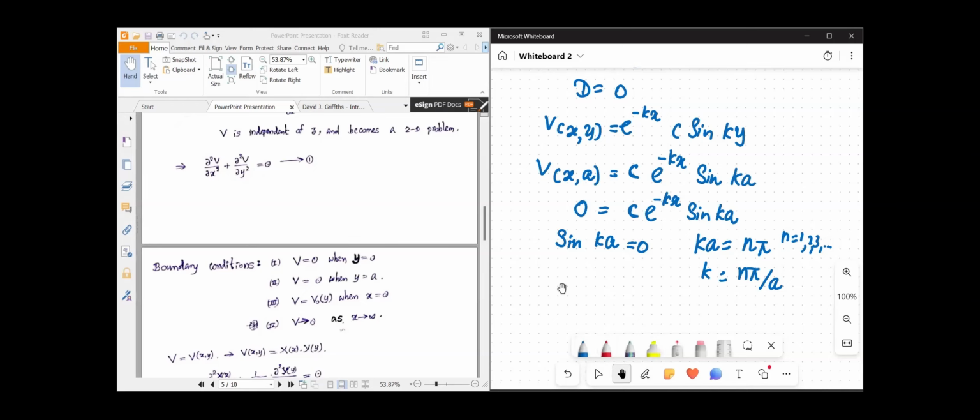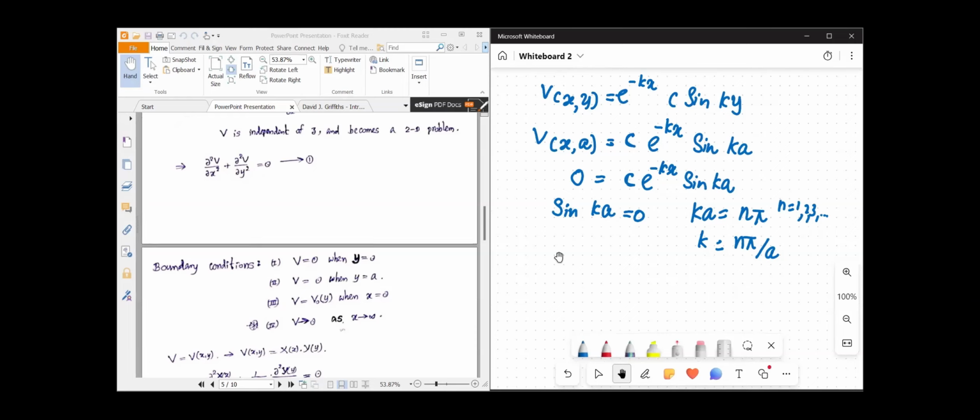Now with that result, what we are going to get is the potential of x and y is equal to c times e to the power minus, so we have now k is n pi over a, n pi over a times x, then here sine n pi over a times y, and n is going from 1 up to all the values, n is going to infinity.